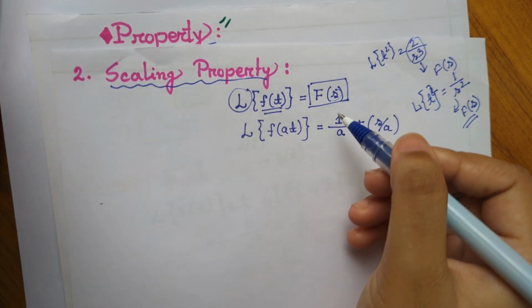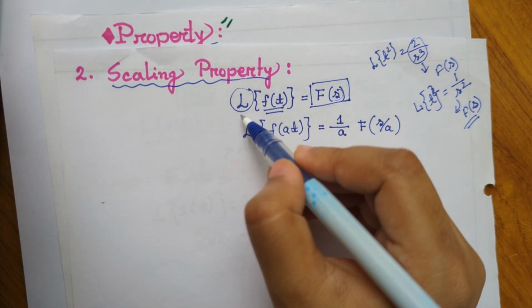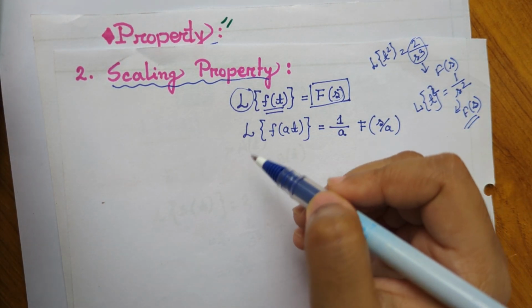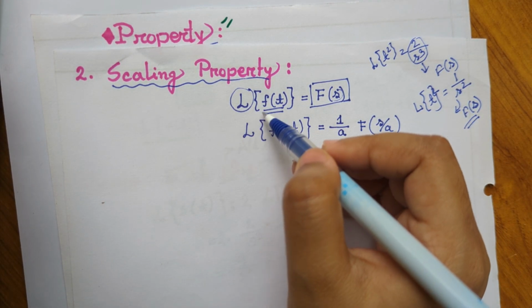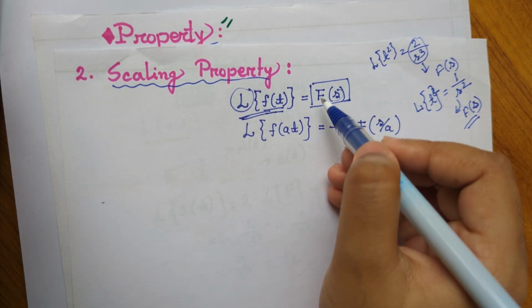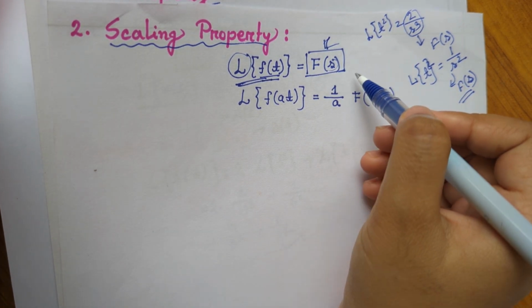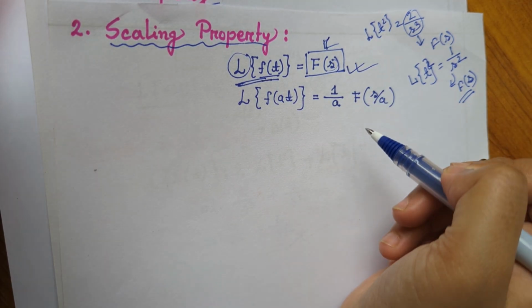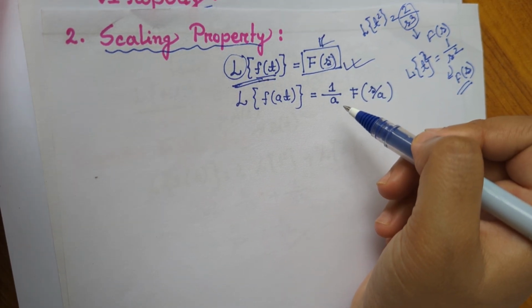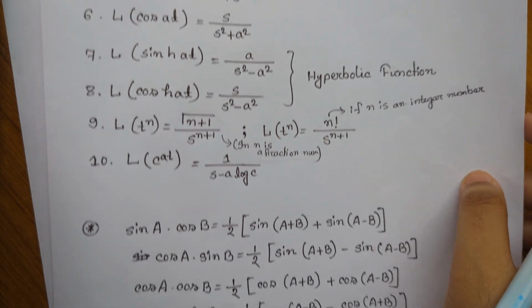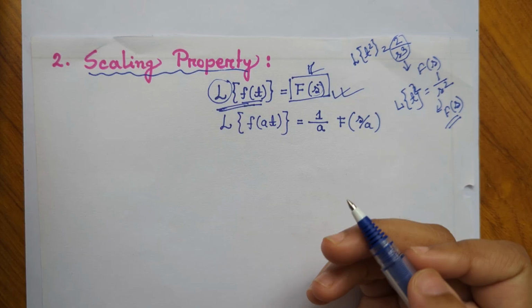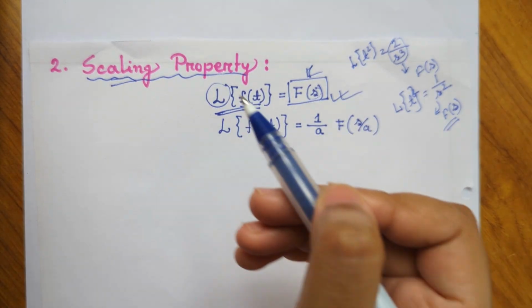So universally we write that if f of t is any function, and we do the Laplace transform of this function, then we'll get a result which is a function of s. We can find this from the basic formula of the Laplace transform, or using the direct formula. Now let's see what the scaling property says.